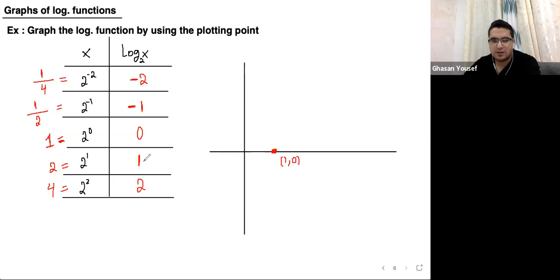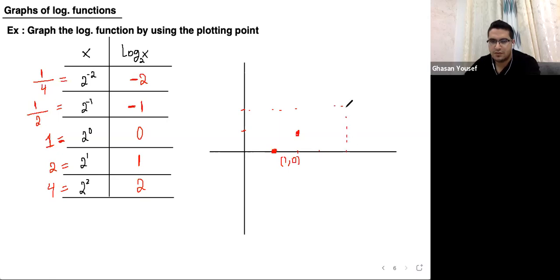The second one is 2, 1. Here is 2, and 1 here, the point should be around here. 4 and 2: here is 1, 2, 3, and 4, and here is 1 and this is 2.